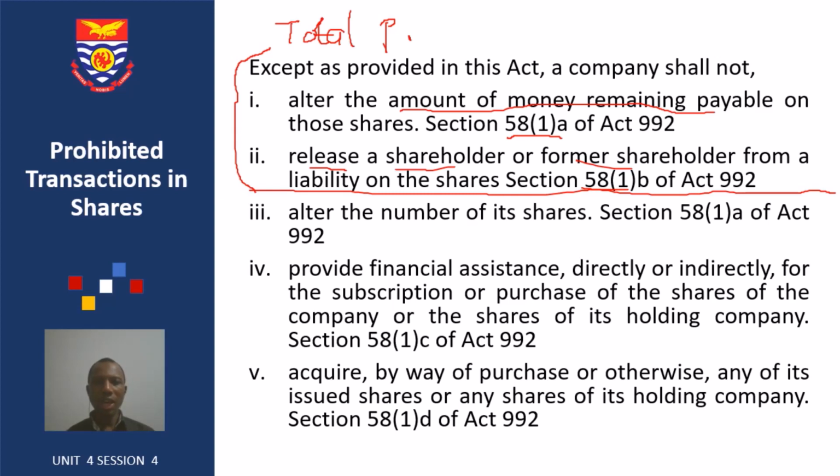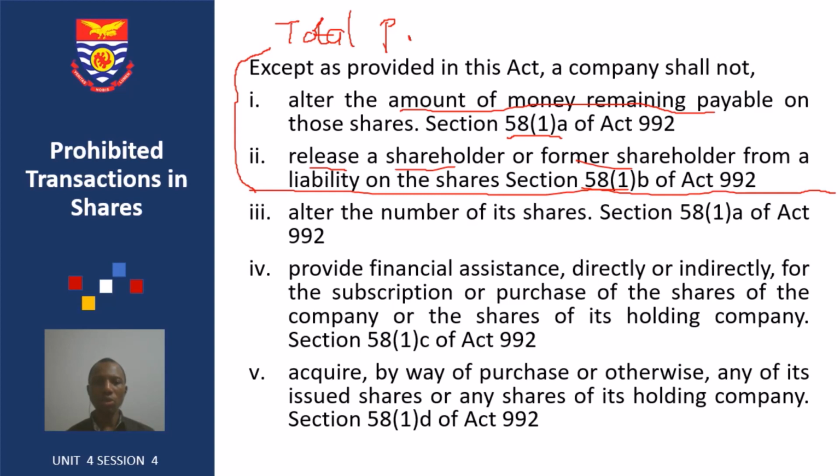Now, a company shall not alter the number of its shares. For this one, it is a partial prohibition. The law prohibits a company from altering its number of shares, perhaps the authorized shares in the company.